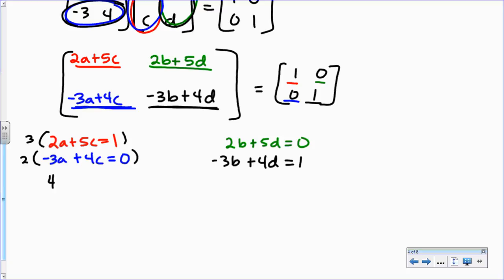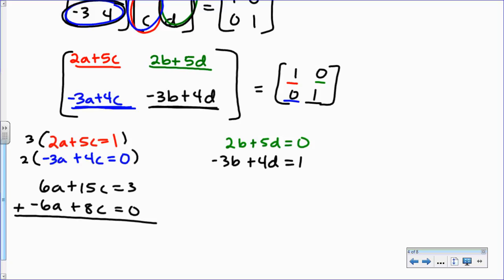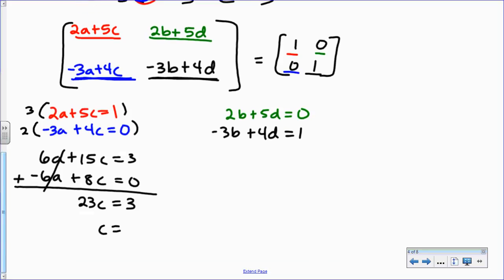So that's 6a plus 15c equals 3, and negative 6a plus 8c equals 0. So I get 23c equals 3, so c equals 3 over 23.